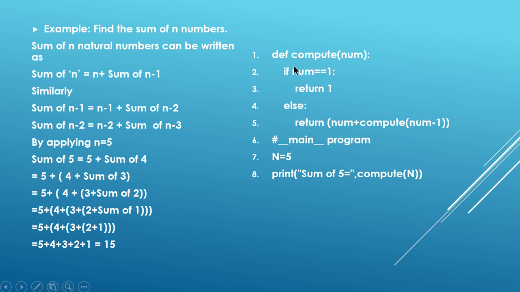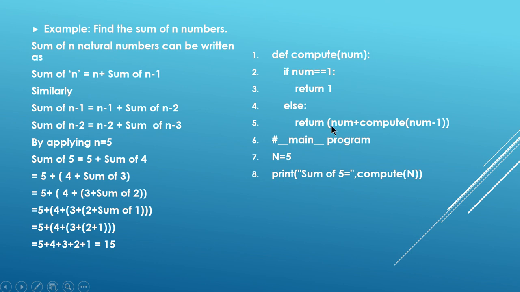So the base case of this particular function is this. Here I am specifying where to stop, that is, I am not calling the function. If the number is not equal to 1, then the case is return num plus compute of num minus 1. That is the same logic I have applied here.